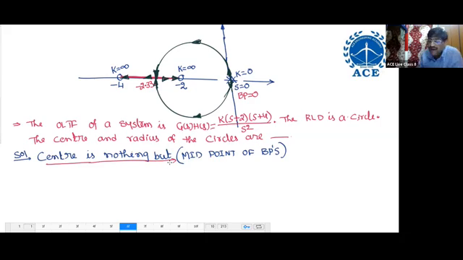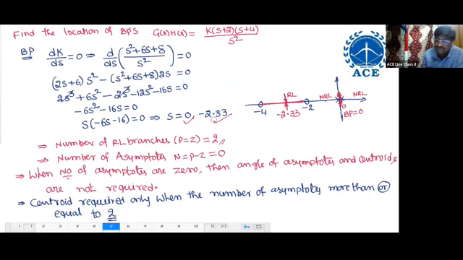How to find the midpoint of the breakpoints? One is 0 and the other is minus 2.66.